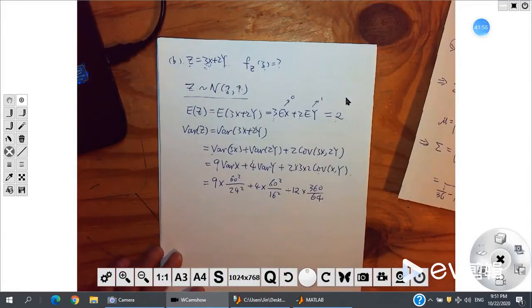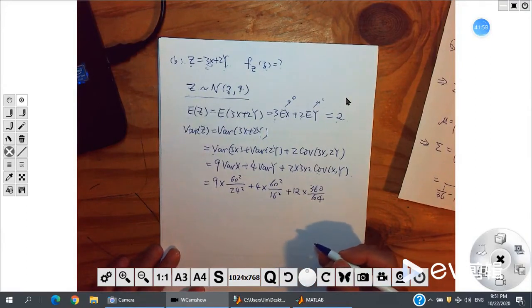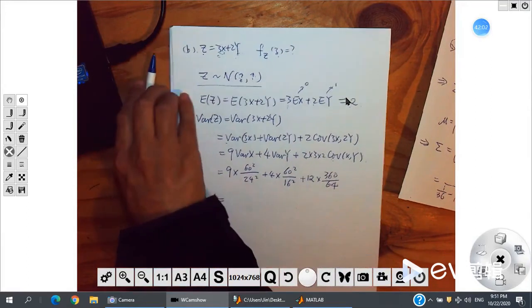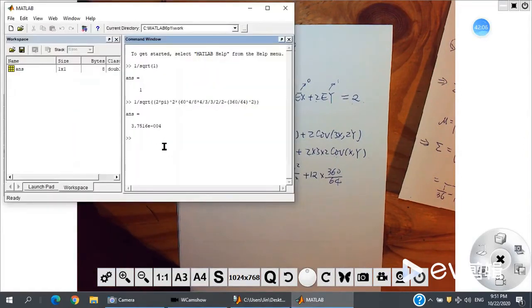Can we have the exact value? Alright, I still use my lab. Now it is 9 times 60 square over 24 square. This is the first term. And the second term is 4 times 60 square over 16 square.